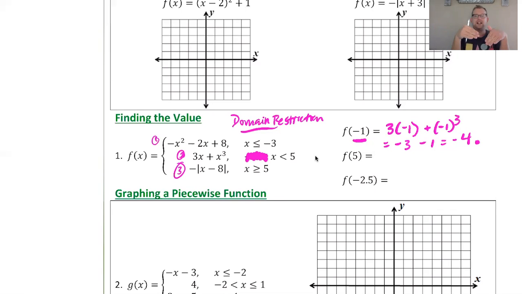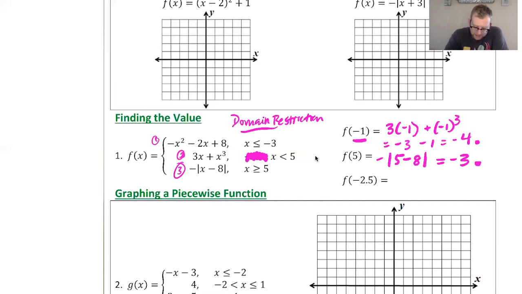So we look at our last piece and say, well, is 5 greater than or equal to 5? And yes, it is. So we're going to plug in 5 for x. 5 minus 8 is -3. The absolute value of -3 is 3. And then we have this negative sign out here, so we get -3.